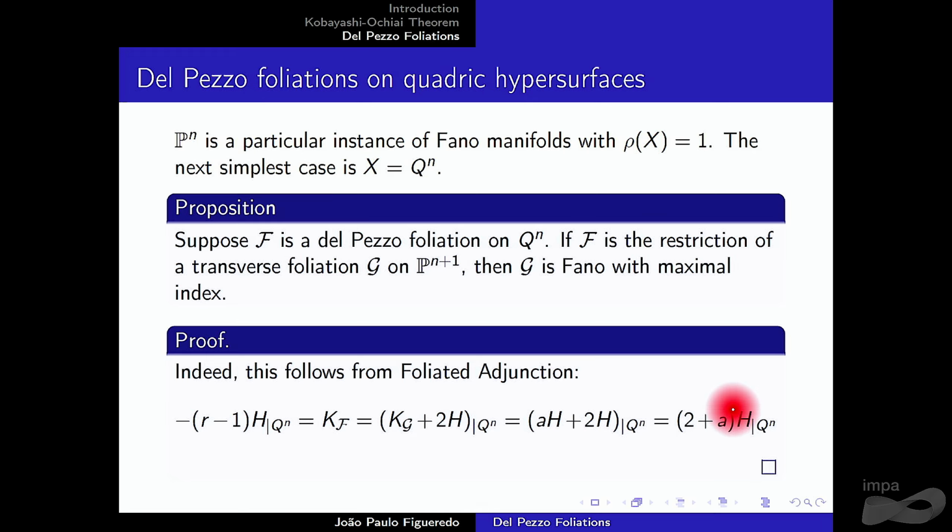So this means that a is negative, and the index is r plus 1. So the index is equal to the rank of the foliation G. So G is the Fano foliation on Pn with the highest possible index. So this is a linear foliation, as I mentioned before.